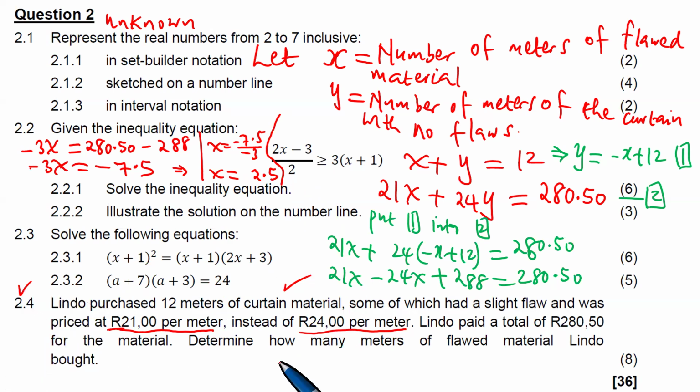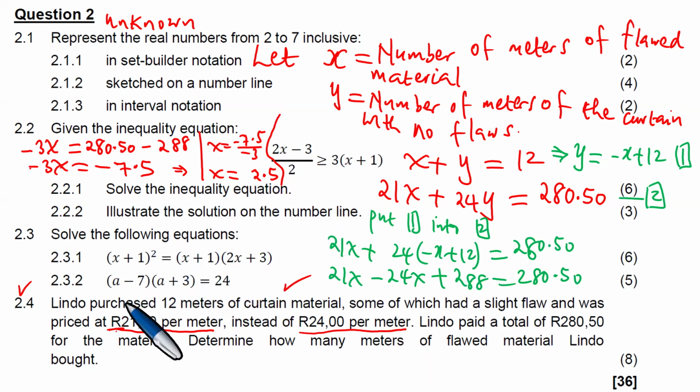Okay. Now, pay particular attention to what is happening here. What we are able to see is that x is 2.5. So we're getting how many meters of flawed material. So we had 2.5 meters of flawed material.